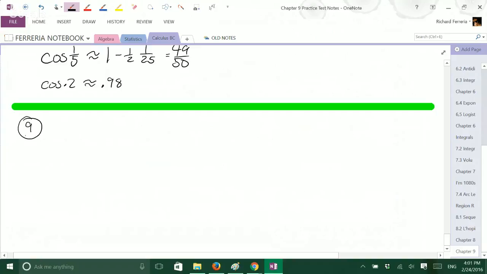Number 9, Taylor polynomial order 3 to approximate e to the 0.4. And again, 0.4 is reasonably close to 0. So we're just going to use the Maclaurin series.